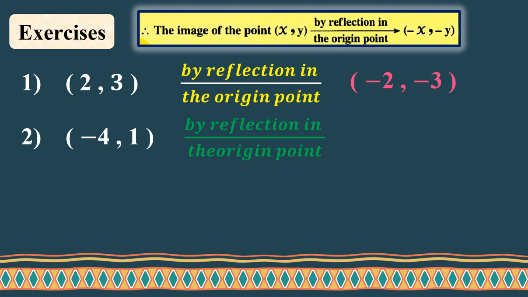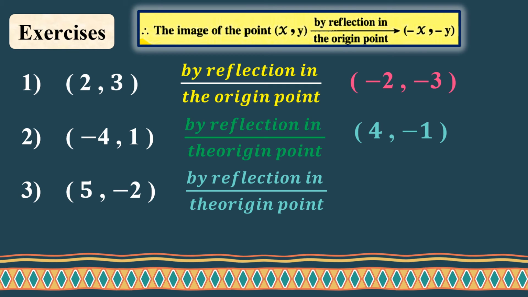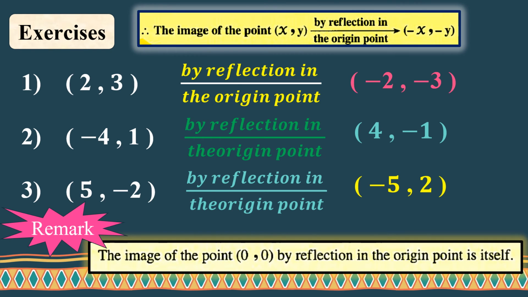Negative 4 becomes 4 and 1 becomes negative 1. Number 3, (5, -2), change the sign of the two coordinates. 5 becomes negative 5 and negative 2 becomes 2. So remark here: the image of the point (0, 0) by reflection in the origin point is itself.